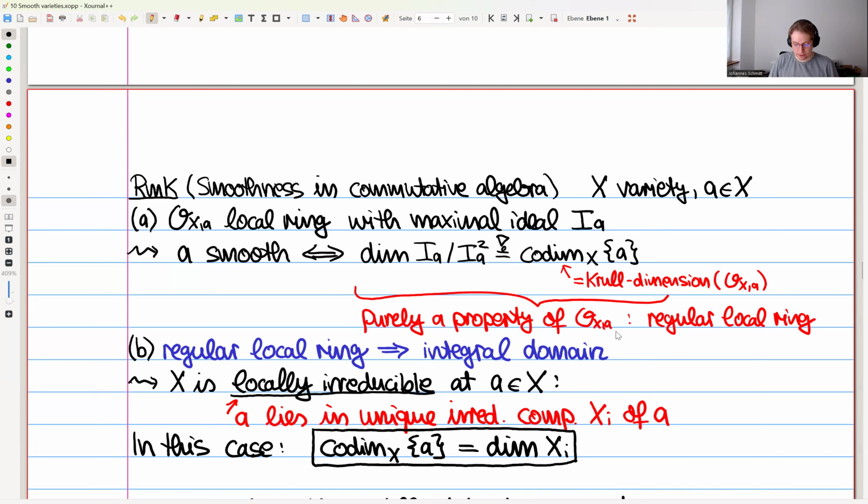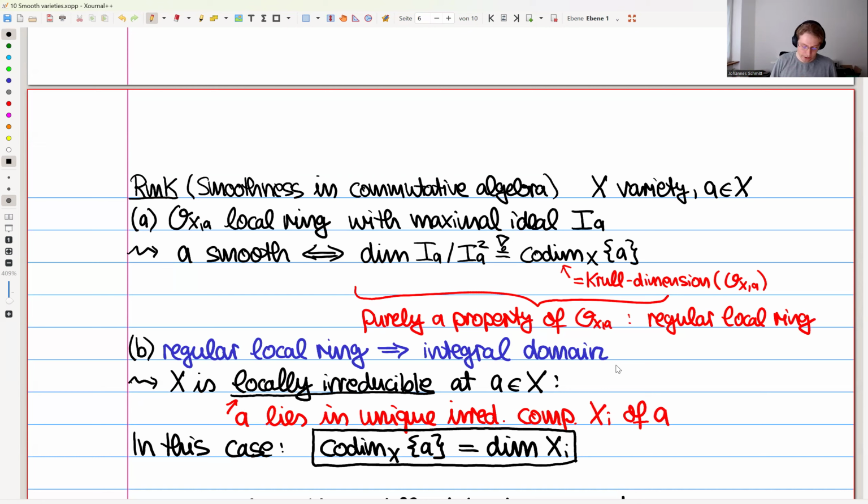And this notion is then called a regular local ring. From commutative algebra, one very nice result is that any regular local ring is automatically an integral domain. We have seen that for an affine variety, having the coordinate ring be an integral domain is exactly equivalent to the variety being irreducible.